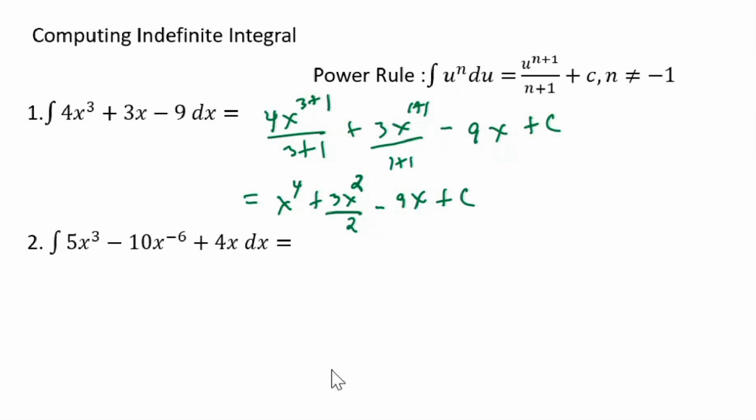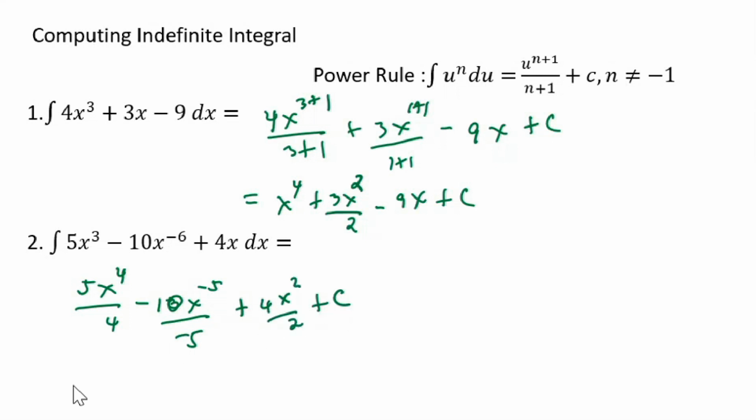Okay, for number 2, we can write here below: 5x, 3 plus 1 is 4, over 4, minus 10x to the power of negative 6 plus 1 is negative 5, over negative 5, plus 4x squared over 2, plus a constant. By simplification, we can write 5 over 4 of x raised to 4.